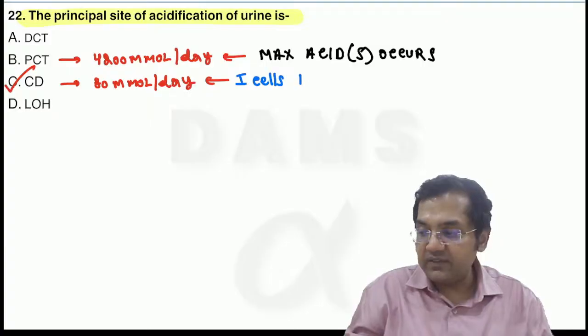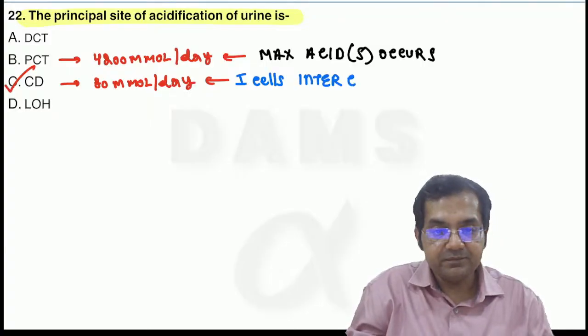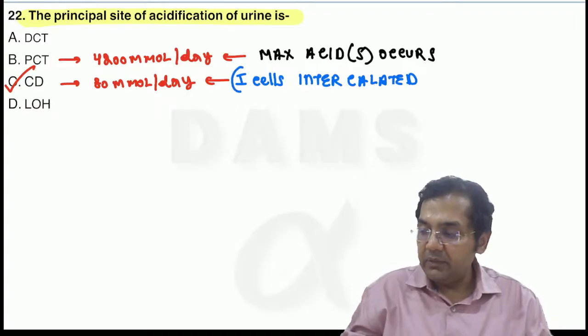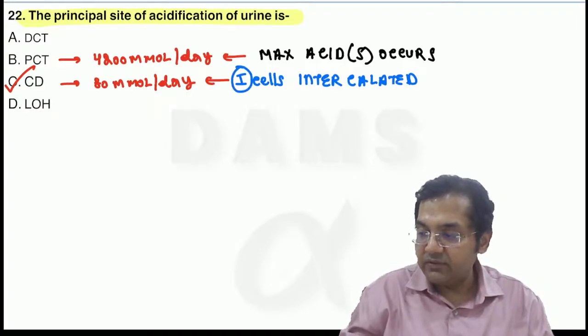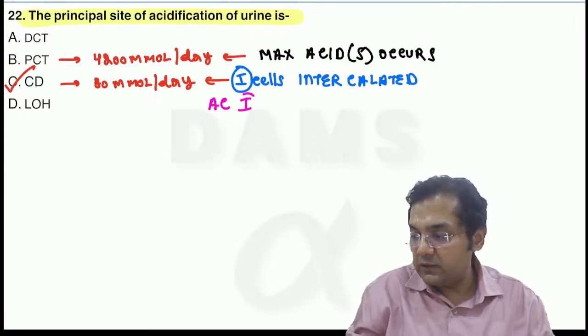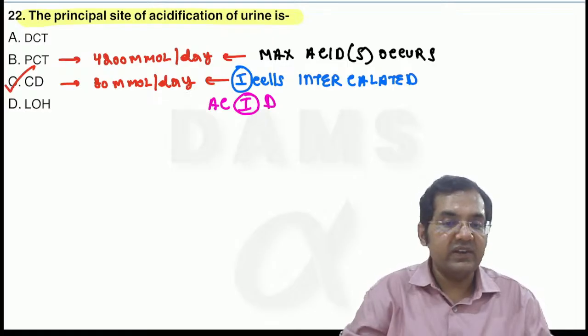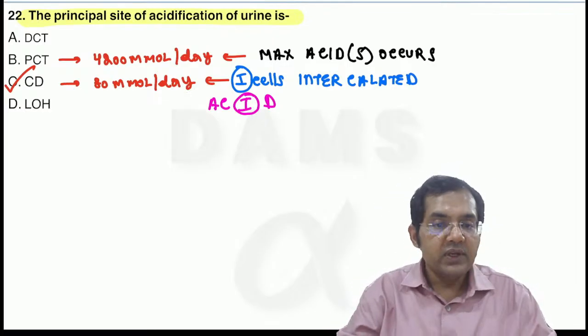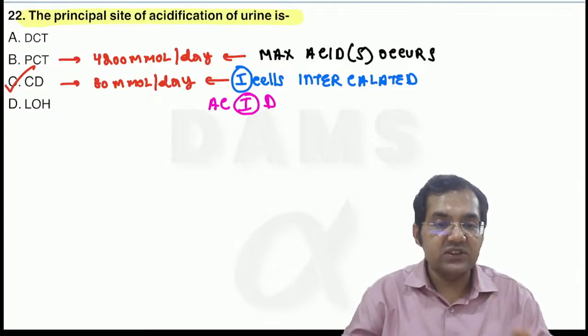I stands for intercalated. Remember, I recall it like this for the exam. I has an I and acid also has an I, right? So intercalated cells are my cells in the collecting duct which do maximum acidification of the urine, right?